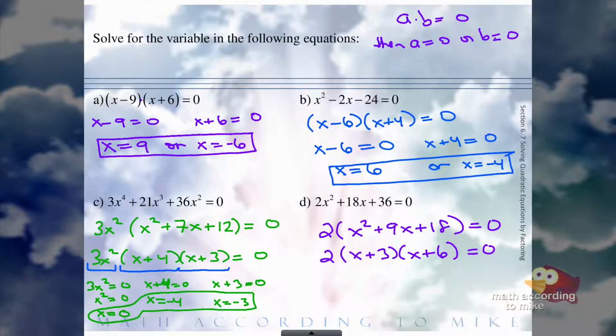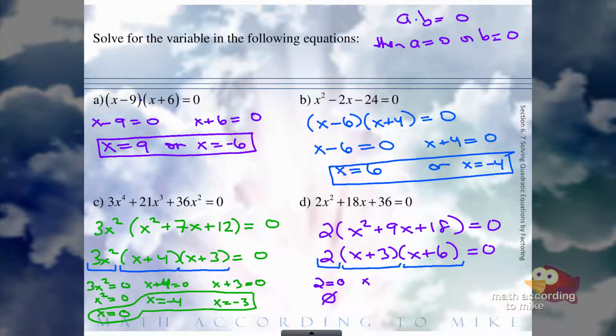Technically, we have three factors like before. However, the 2, if we set 2 equal to 0, what do we get for x? Nothing, because there's no x there.